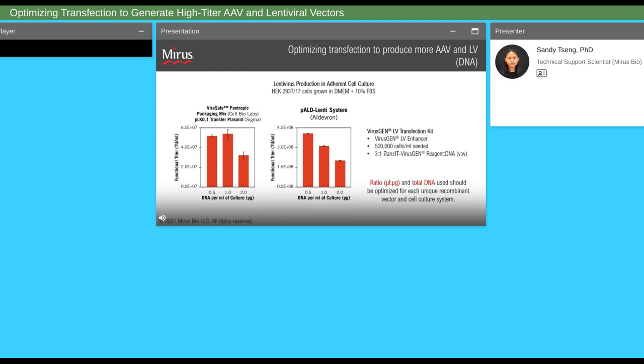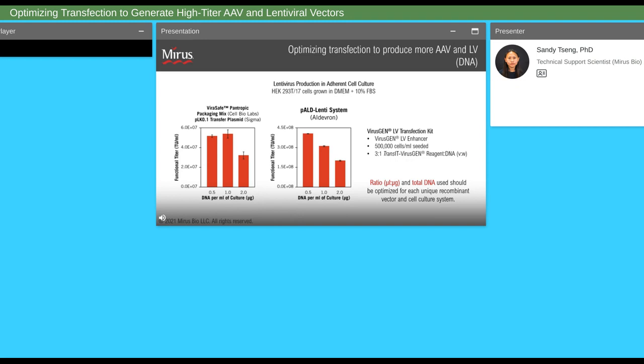Shown here in this experiment, we used the VirusGEN LV kit with the enhancer with 500,000 cells per mL seeded the day before. We tested 2 DNA systems with different amounts of DNA per transfection. We maintained the same ratio of reagent at 3 microliters per 1 microgram of DNA.